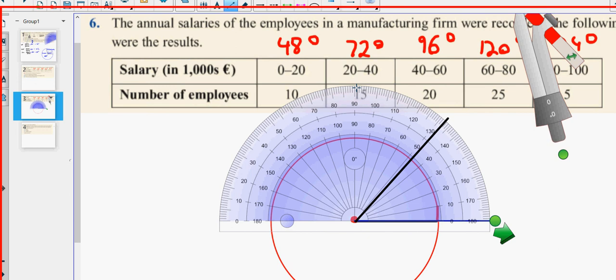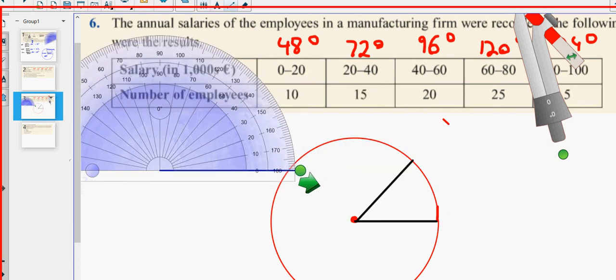Technically, because you guys can't do what I'm doing, you would mark the outside edge, take away the protractor, get your ruler, and line it up like that. Then you just draw it to there.